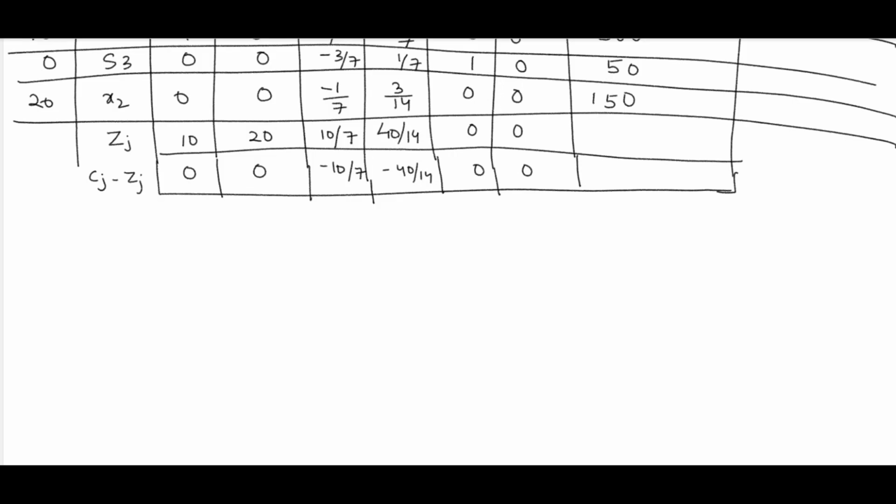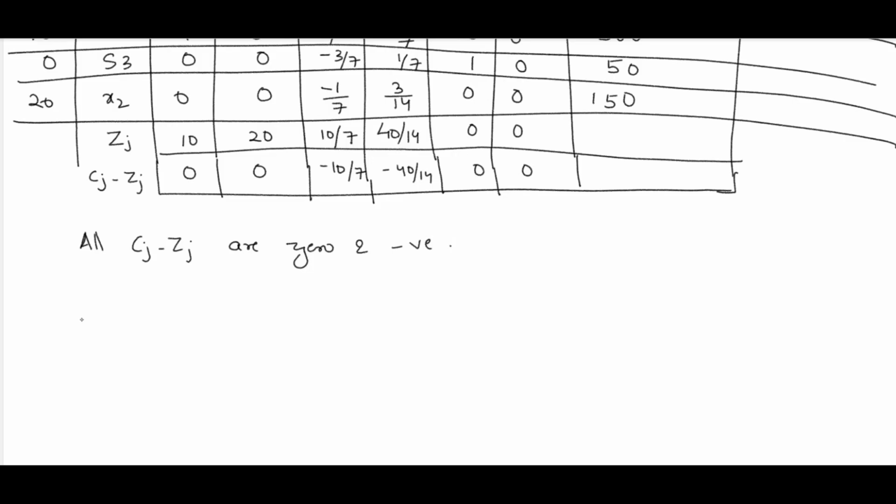We got it. Now the rule is that among all the Cj minus Zj values you have to choose the maximum value. But when all Cj minus Zj values are negative or 0, here you have to stop.